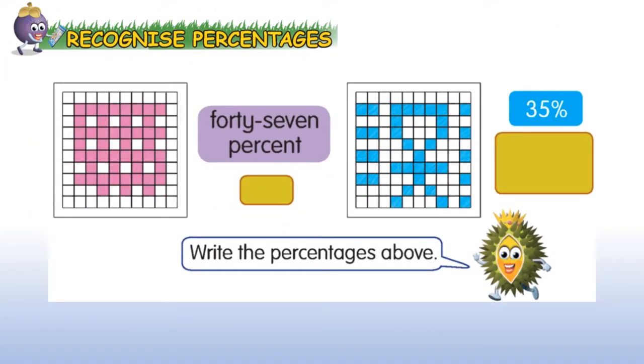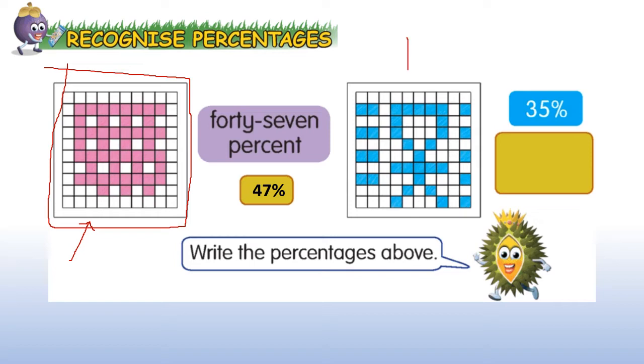Now look at this square grid. Look at the first one here. So write the percentage above. From the first picture here, 47% of the squares were shaded.